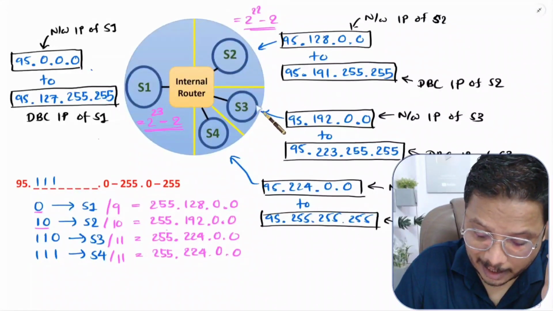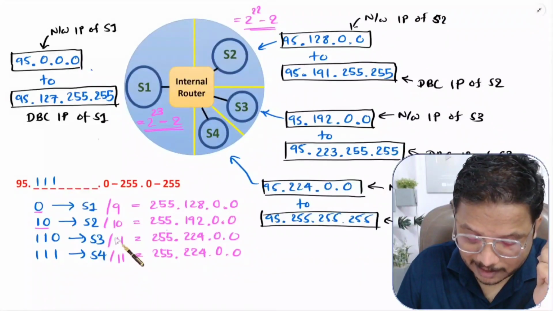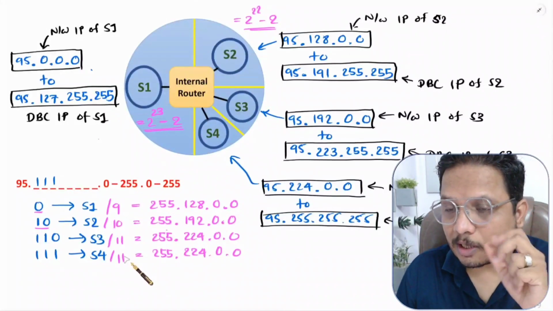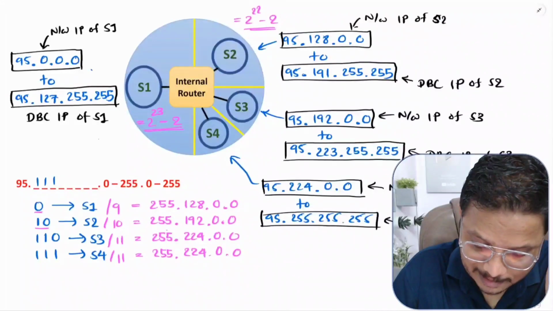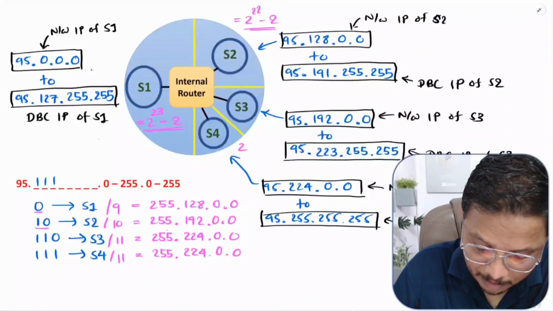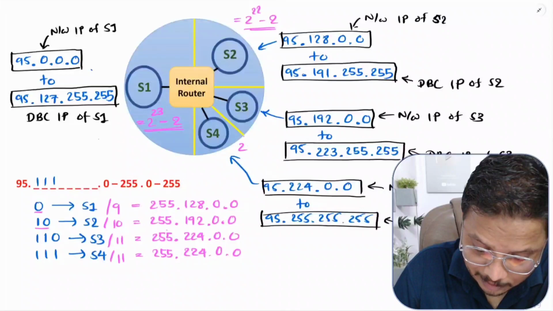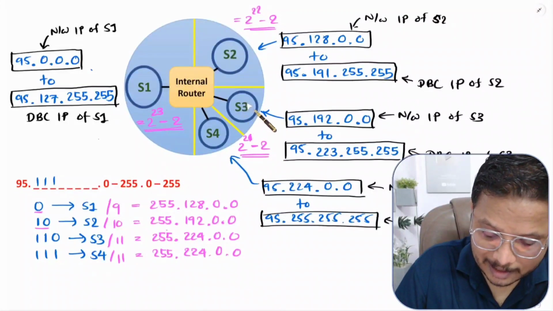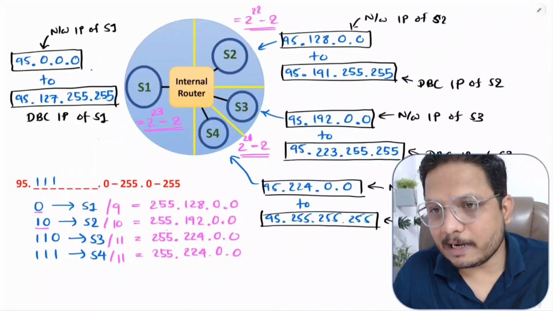With S3 and S4, the mask is of size 11. So 32 minus 11 gives 2 to the power 21 minus 2. That will be the number of hosts in S3 and S4. Right, that is how we can identify it.